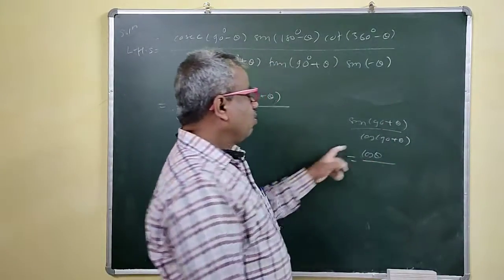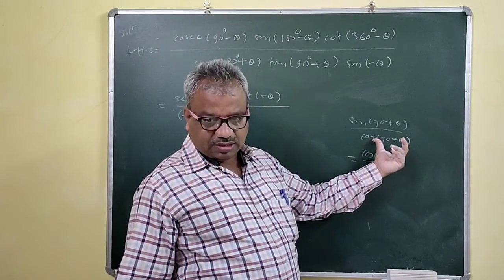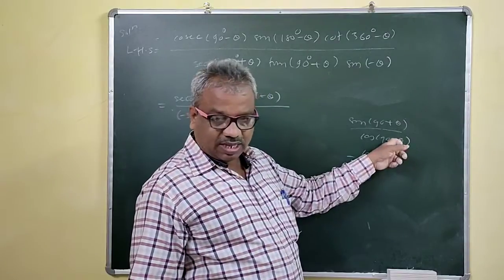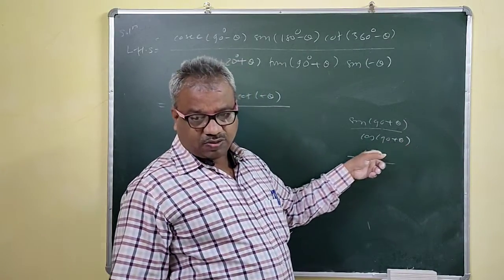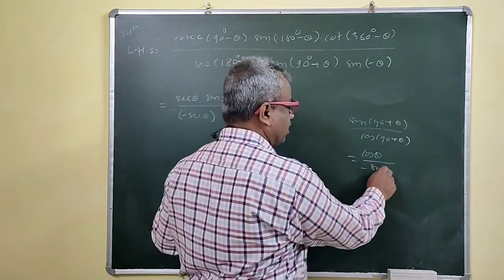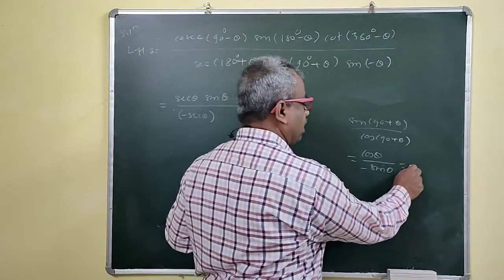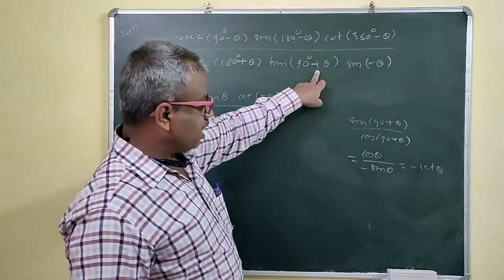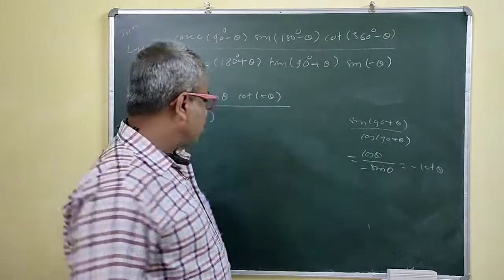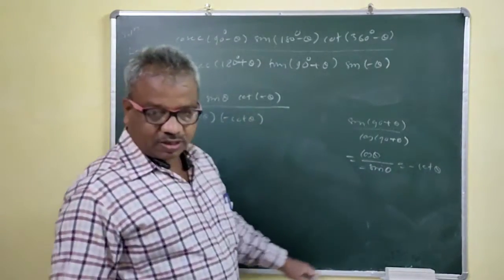Again here, this is cos 90 cos theta, so there is no first term because cos 90 is 0. Then the second term here is minus sin 90 sin theta. Sin 90 is 1, so this is minus sin theta. So this is minus cot theta. So you want the value of tan of 90 plus theta, that is minus cot theta.